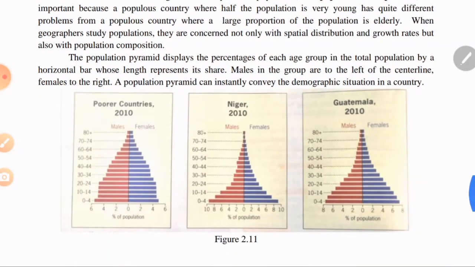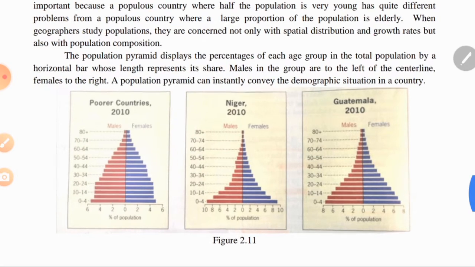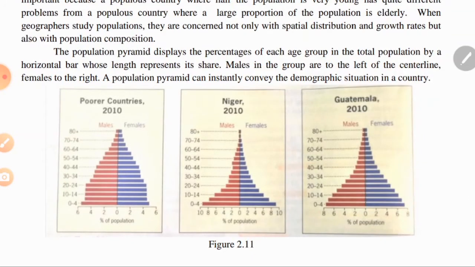And as you can see, the population pyramid displays the percentage of each group in the total population by a horizontal bar whose length represents its share. The males in the group are to the left of the center line, the females to the right, and a population pyramid can instantly convey the demographic situation in a country.